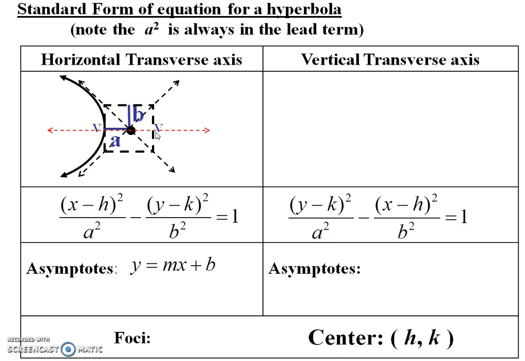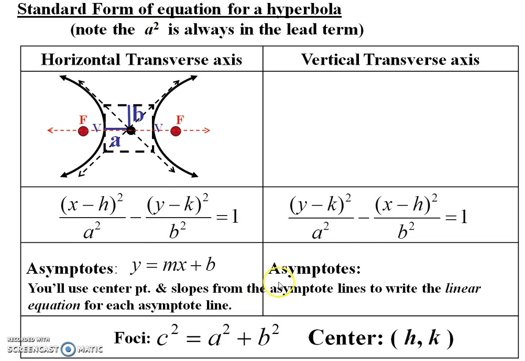Somewhere over here, we would use our formula to calculate c. Remember, you take the positive root of c squared to get c, and the foci will be somewhere inside the branches, along this transverse axis, just like the focus points were along the major axis for an ellipse. So the same idea here.